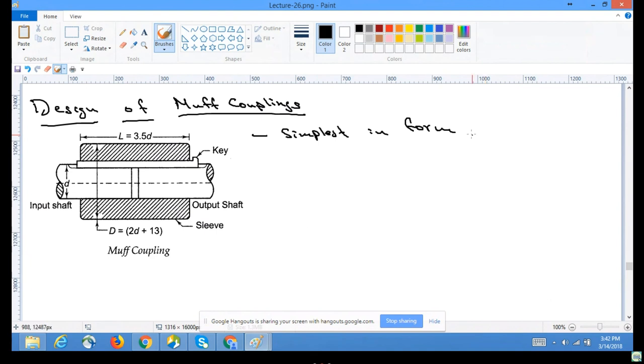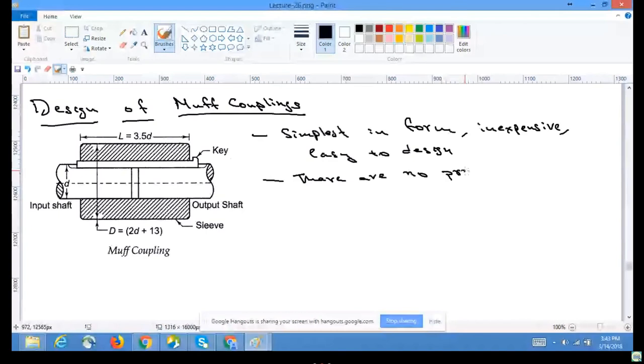It is inexpensive and easy to design compared to the flange joints or clamp joints. No projecting parts, except the key head.